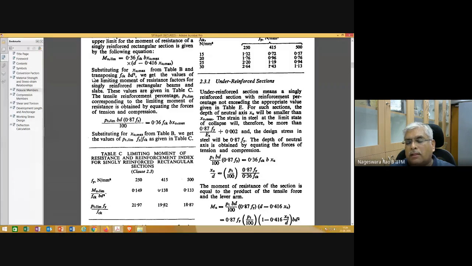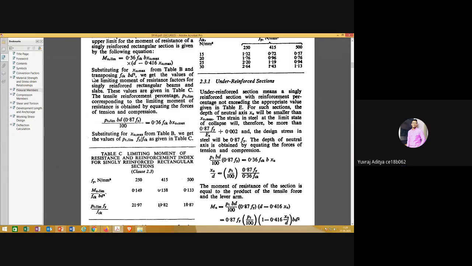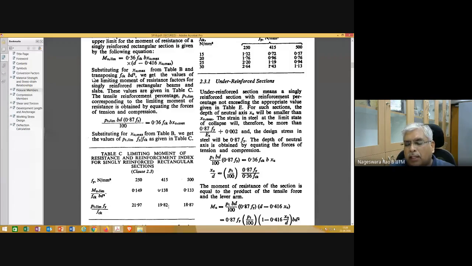Are the values matching or not? Sir, the values are 0.1 less than calculated. So it's slightly off, maybe because we don't know exactly how many significant digits they used when they came up with this table. But whatever values you get, depending on the significant digits that you select, should match with this.